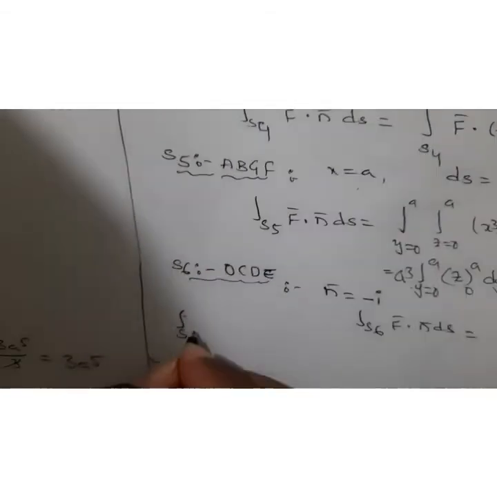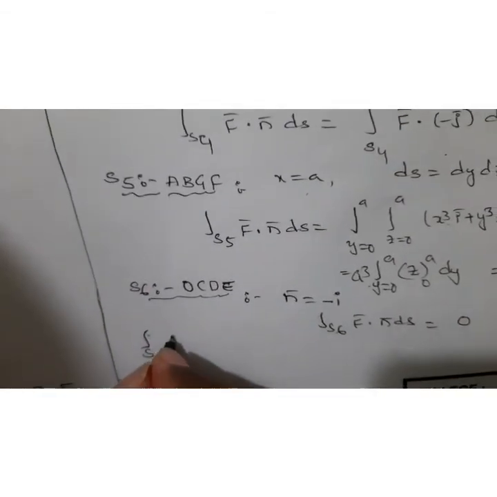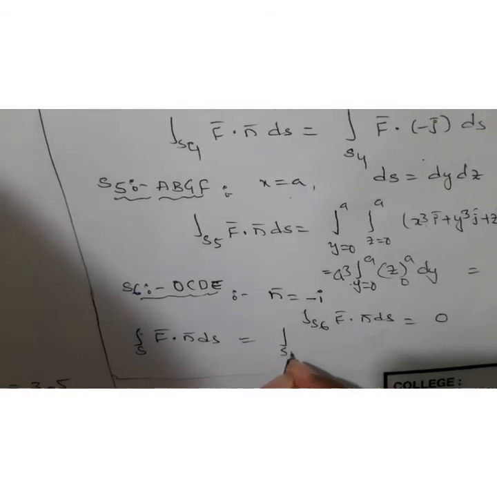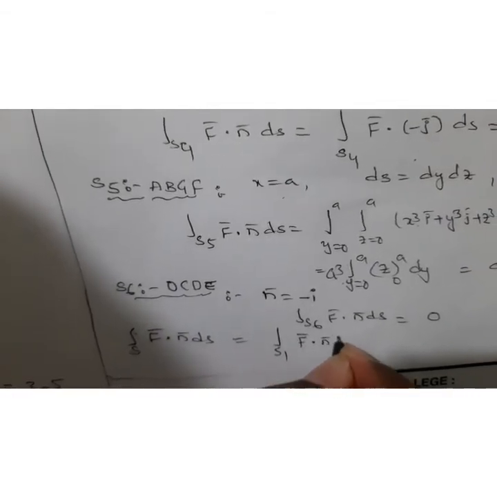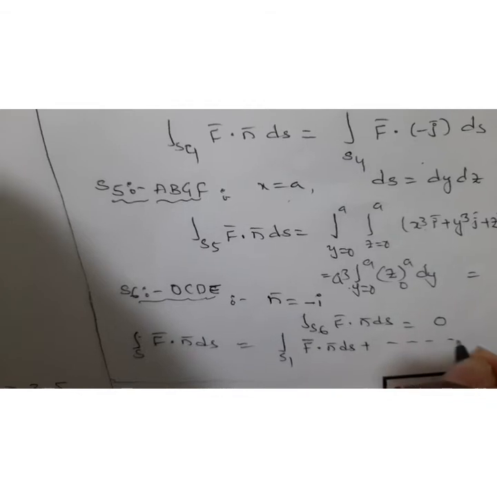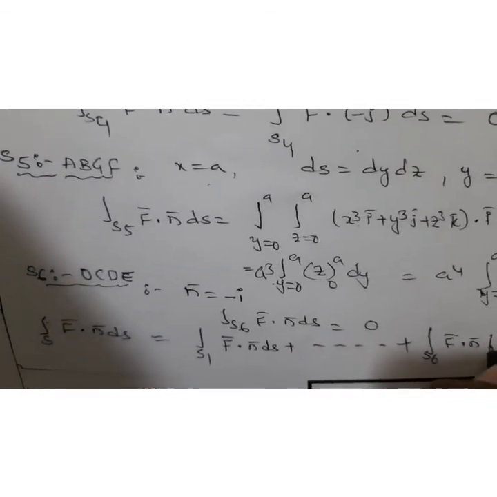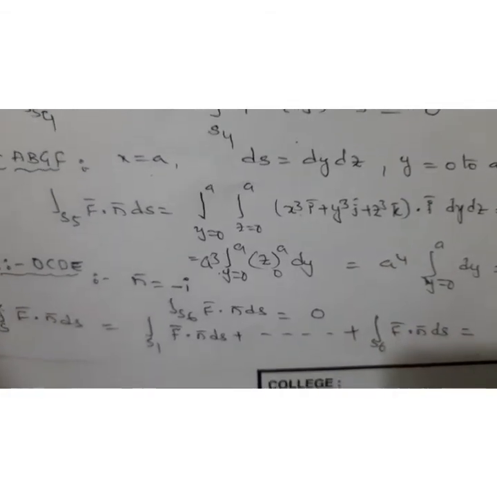The total over the 6 surfaces is the integral over S of f bar dot n bar into ds, which is equal to the integral over S1 of f bar dot n bar into ds plus, and so on, up to the integral over S6 of f bar dot n bar into ds. We have to add all 6 surfaces.